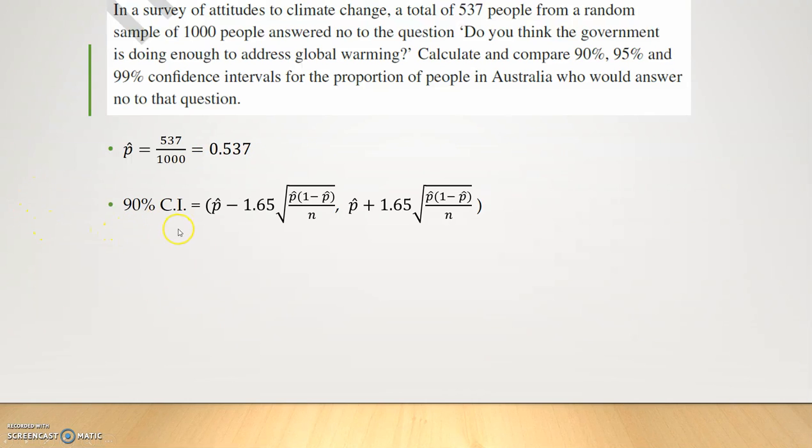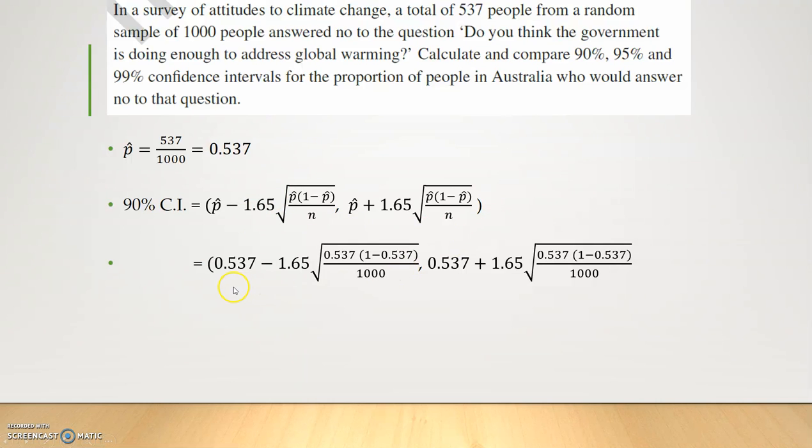And the 90% confidence interval is calculated using this formula where K is 1.65. When we substitute our value for the sample proportion into this formula and our sample size of 1,000, as well as our K value of 1.65, we calculate our 90% confidence interval to be 0.5110 to 0.5630.